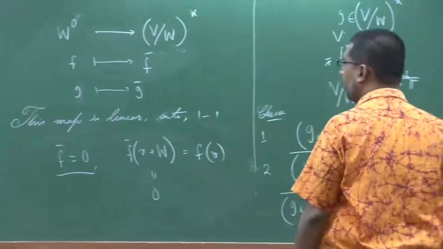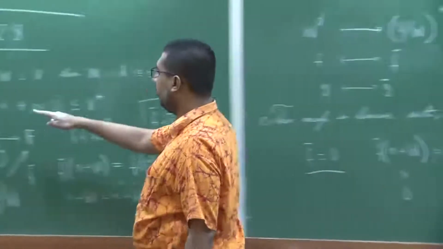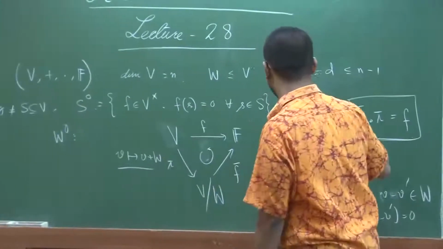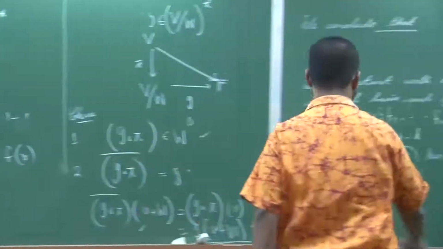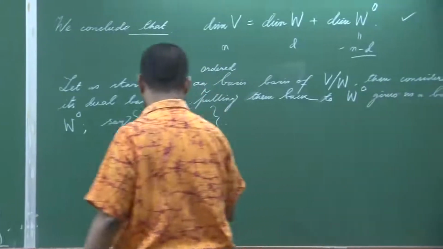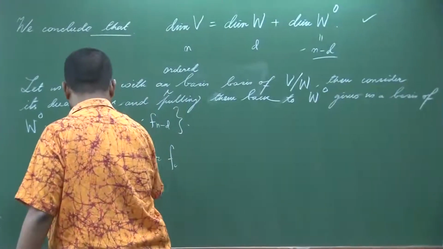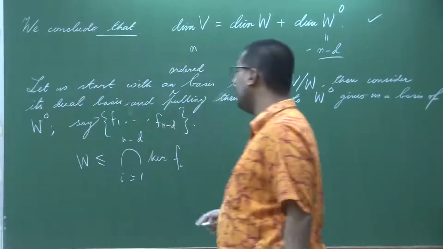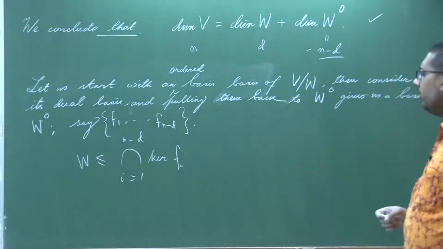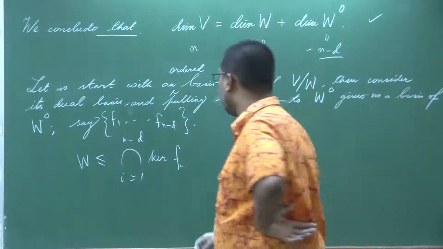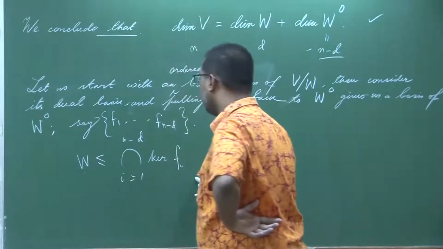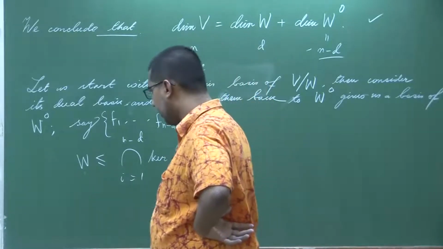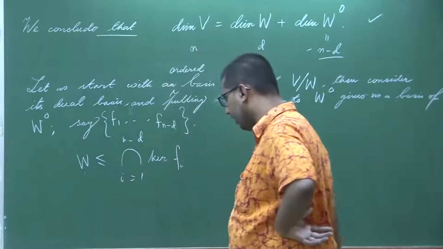Okay, a non-zero functional on V which vanishes identically on every point of W. So it's trivial that W lies inside there, right? Why? Because each fi is in W naught, so W is contained in the kernel of this, because each fi vanishes identically on W.